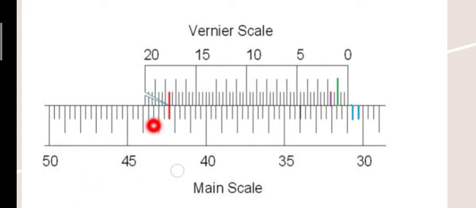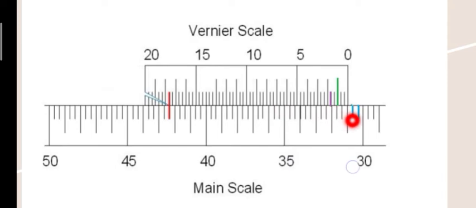These are degrees. And the bigger lines are 31 degrees, 32 degrees, 33 degrees, 34, and 35.